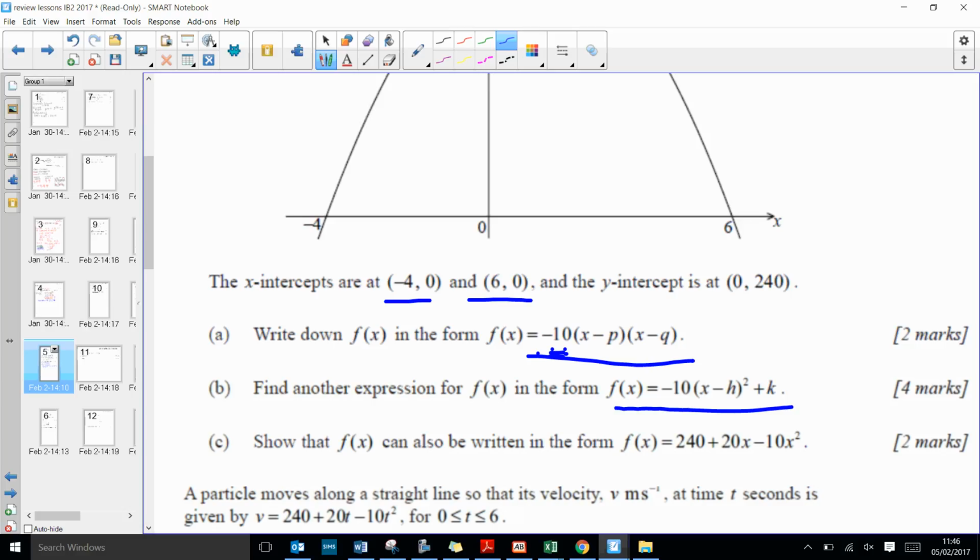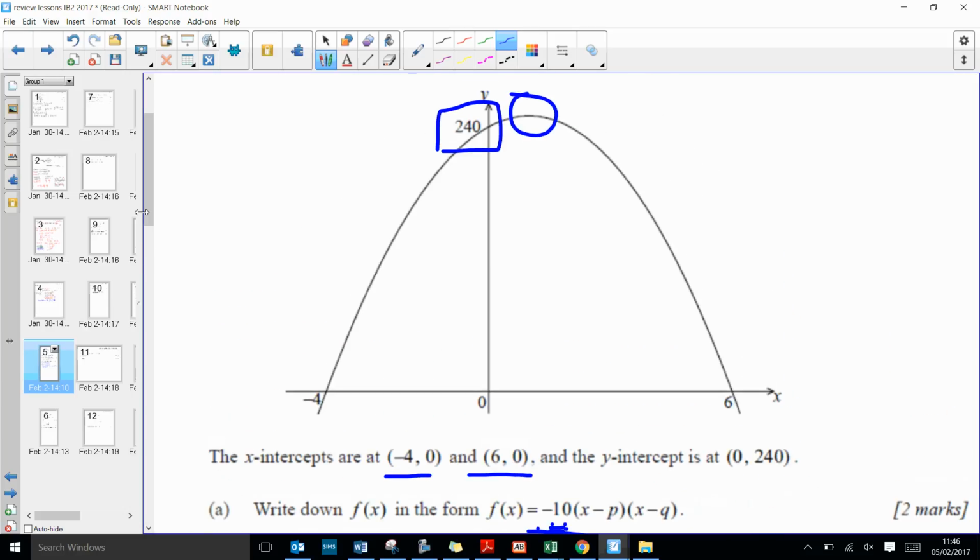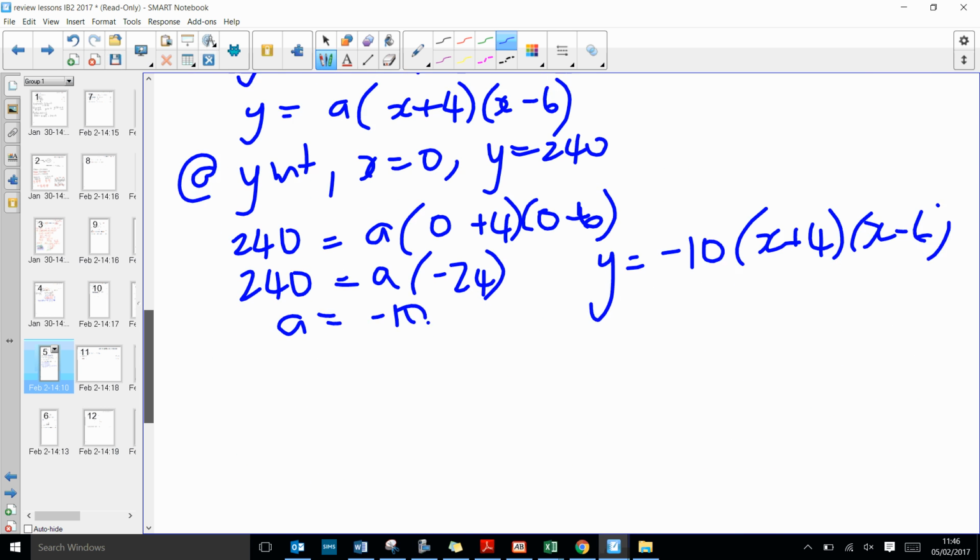Or we could identify that this value of h and this value of k tells us where the vertex is. We know that parabolas are symmetrical. So if we're crossing at negative 4 and positive 6, there's a 10 unit width here, and the vertex would happen halfway between that, so when x is 1. All we need to do now is find the value of y at that point by substituting that value in.